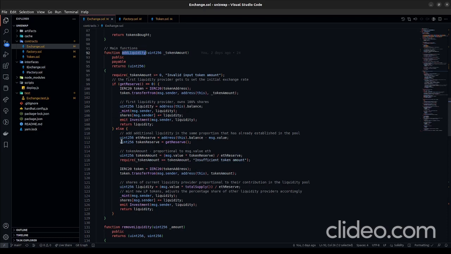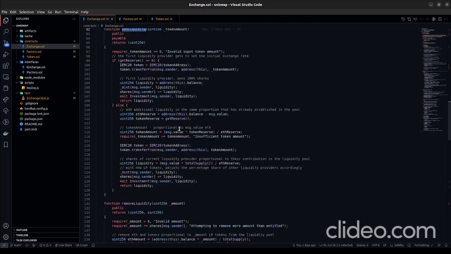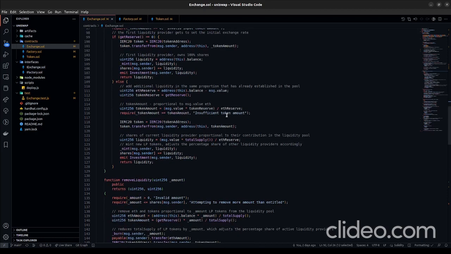If the liquidity pool is not empty, then we will add or update the reserves according to the exchange rate present already, and then using the formula discussed earlier, we'll mint new LP tokens, which updates the share percentage for all the existing liquidity providers automatically, and then we'll update the mapping.